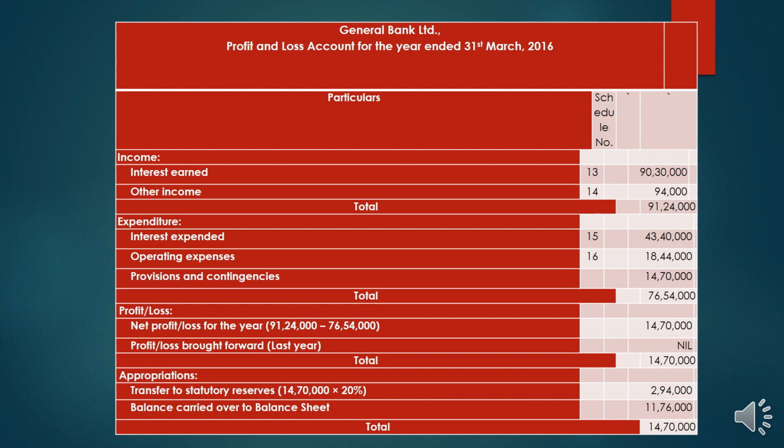So total net profit for the year is 14,70,000. We will make the appropriation. So 20% of the current year profit will be transferred to statutory reserve and remaining balance will be carried forward to balance sheet.